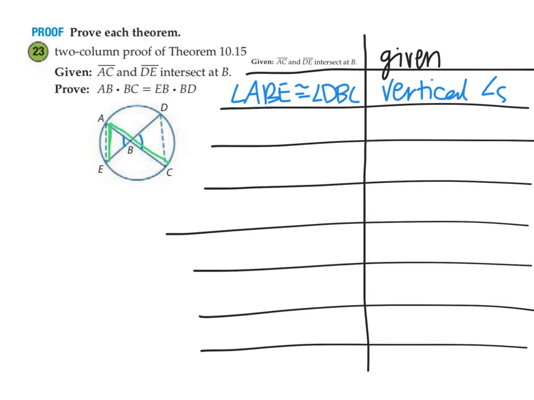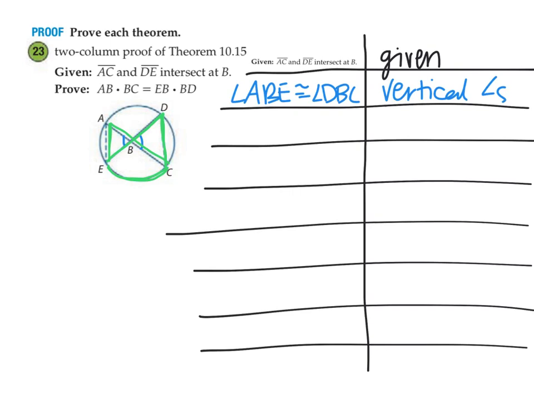So this is angle EAC, and angle EAC is connected to arc EC. What's another angle that's also connected to arc EC? Angle EDC.